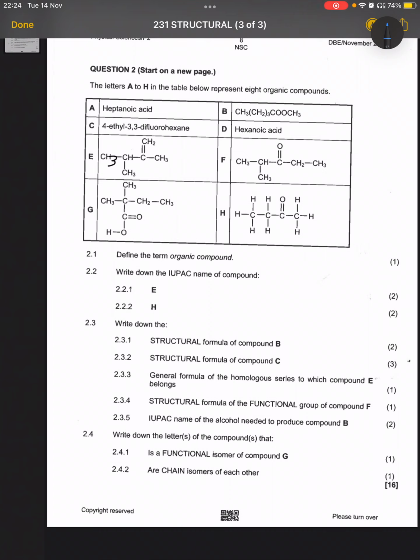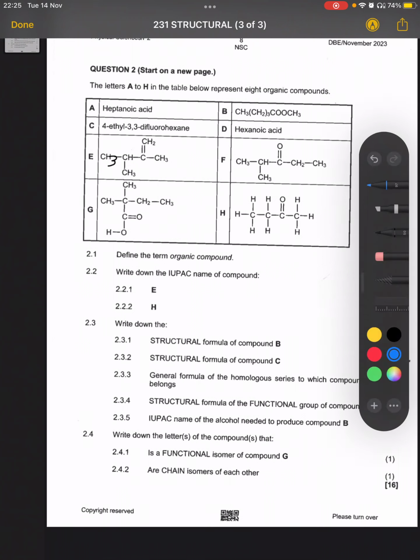Then for compound E, which is the structure that we said had an error or a misprint, if you put the CH3, this leaves us with labeling our carbon 1, 2, 3, and carbon 4.